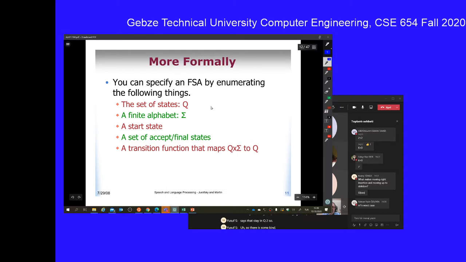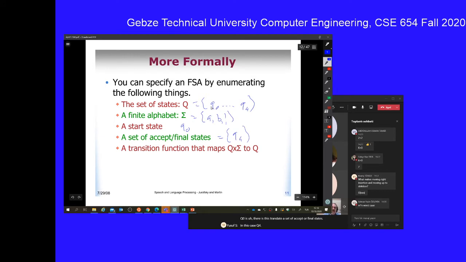Formally, mathematically, when you define a finite state automaton, you give the set of states, in this case Q0 to Q4, the alphabet, in this case A, B, and exclamation mark, a start state, which is Q0, and a set of accept or final states, in this case Q4.